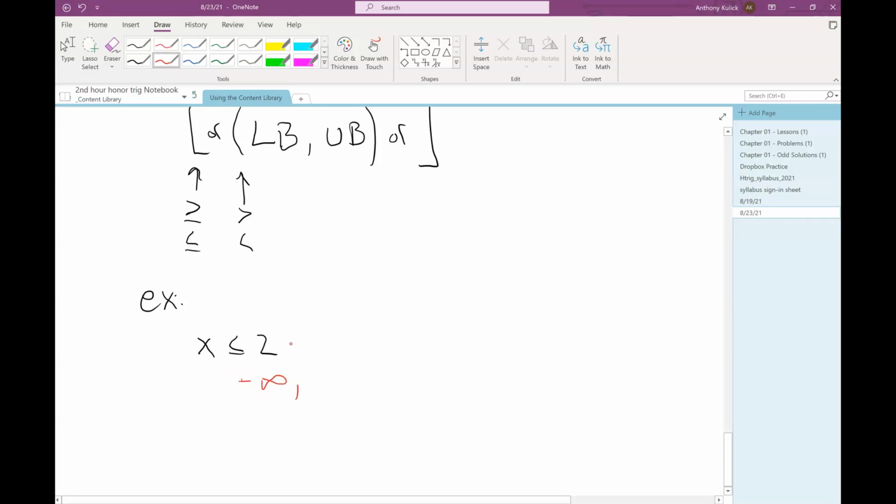And the upper bound here is 2. Right, the biggest number involved in the set, or the number that's bigger or equal to everything in the set. Okay, the infinities always get a parenthesis, so I don't even have to think too hard about that. And 2 is clearly included in this set because you have a less than or equal to 2, so we get a bracket on that end.